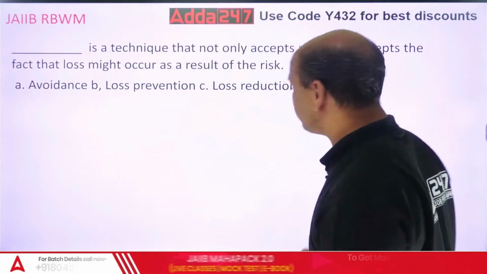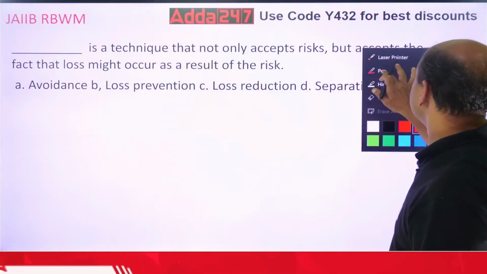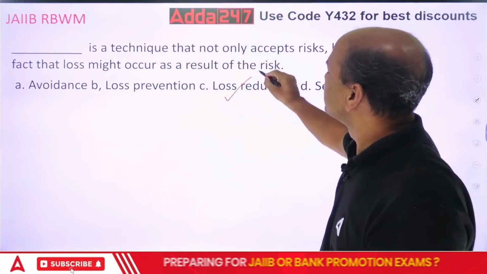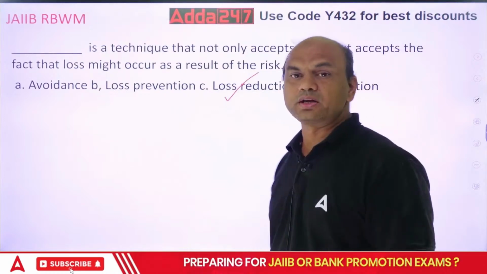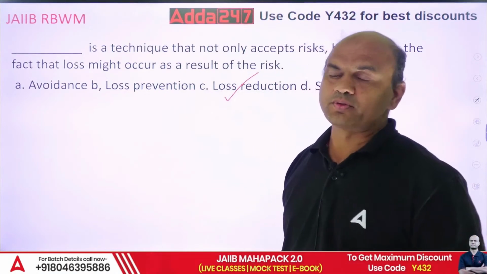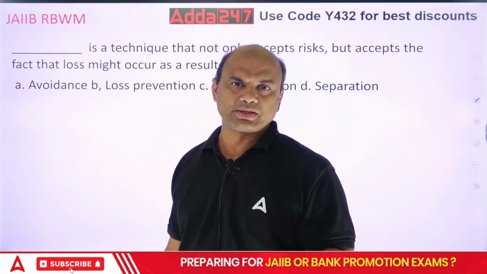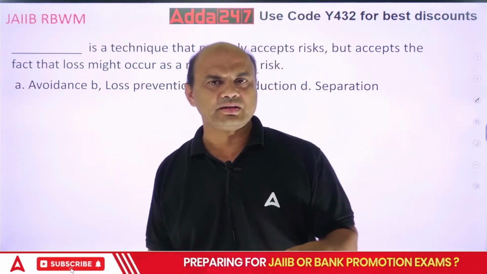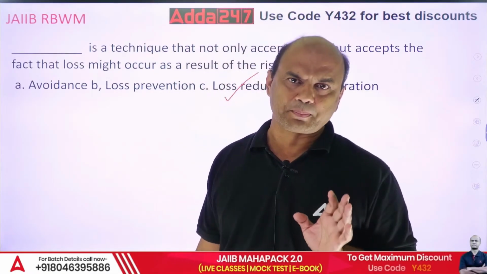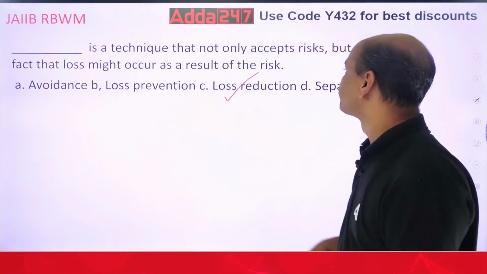So it will definitely be loss reduction. Okay, loss reduction. In loss reduction, we accept that if I do a loan business of 100 rupees, roughly 2 rupees will be NPA. So that is accepted, isn't it?